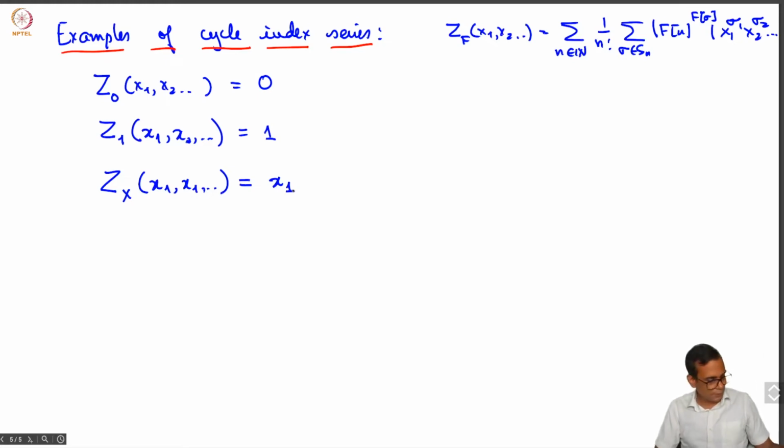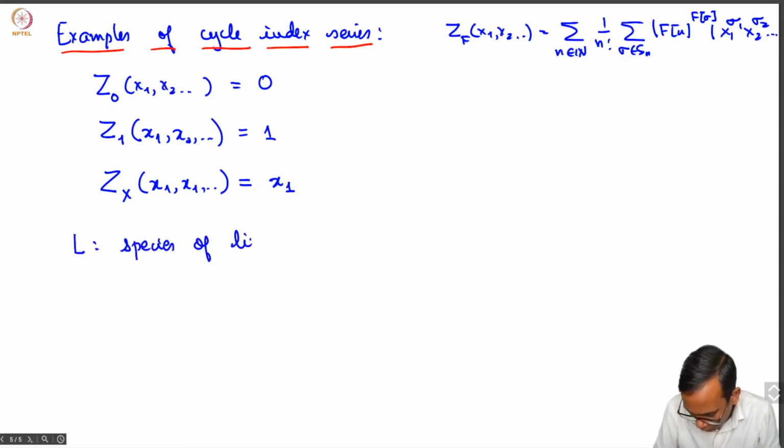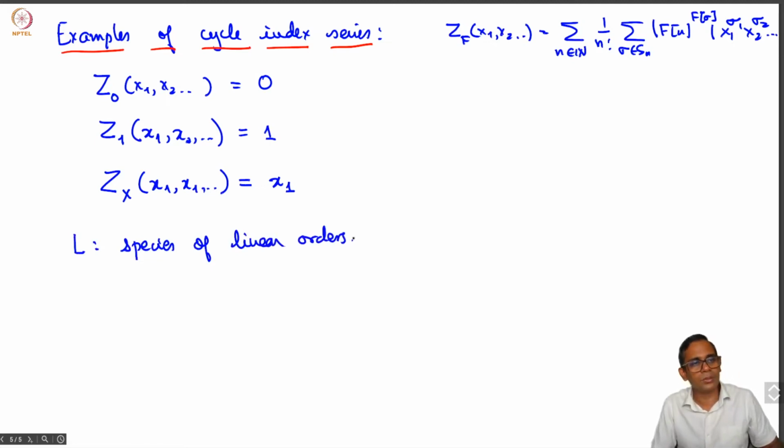Okay, so these were fairly straightforward. Now let's consider L, the species of linear orders. How do we think of L on a set?